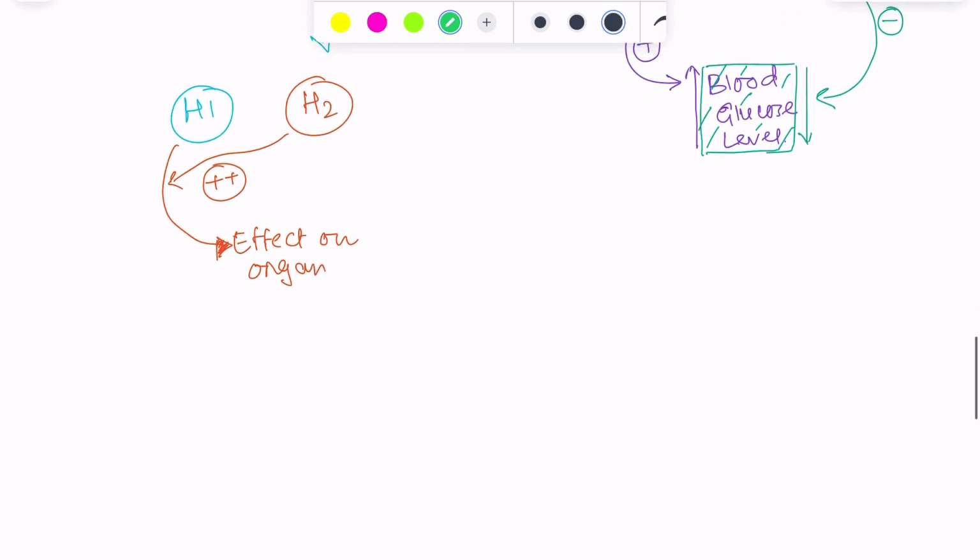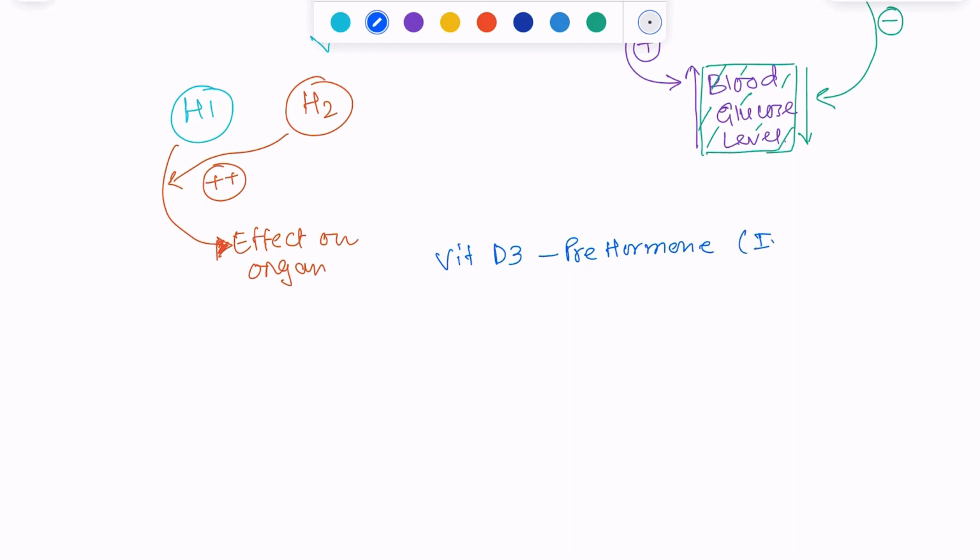Let's take an example. We already discussed the pre-hormone and pro-hormone theory. Whenever vitamin D3 is present as a pre-hormone, it is in an inactive form, and that vitamin D3 should get modified.